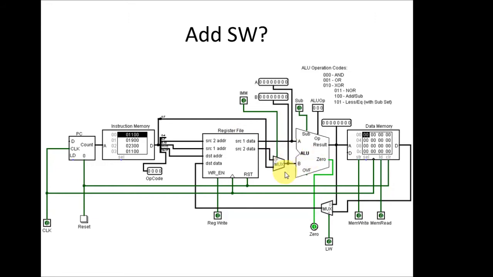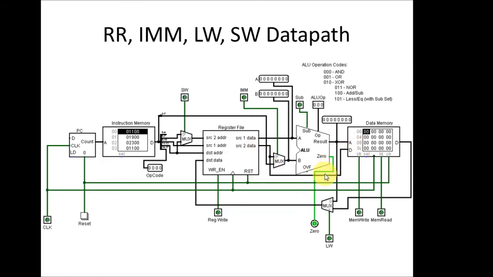So that B argument is basically disconnected, and we can use the source 2 address and the source 2 data connection to retrieve something from the registers and pass it to data memory. To do that, we're going to need a MUX on this side, and we're going to have to connect this data block to the data memory. So we place another MUX here and connect to data memory, and that gives us a path from the register file into data memory so that we can store a word.